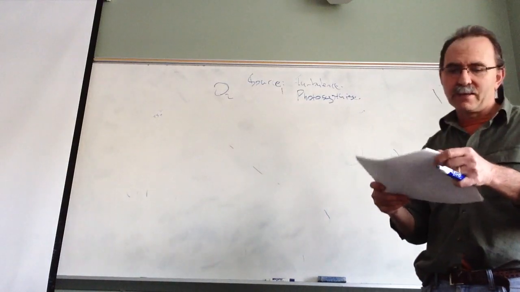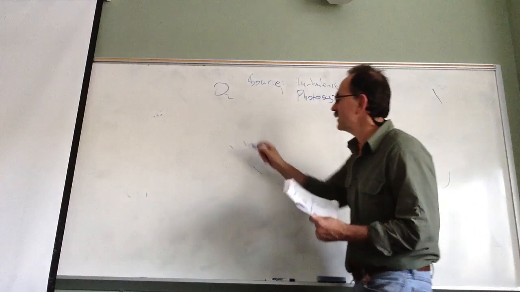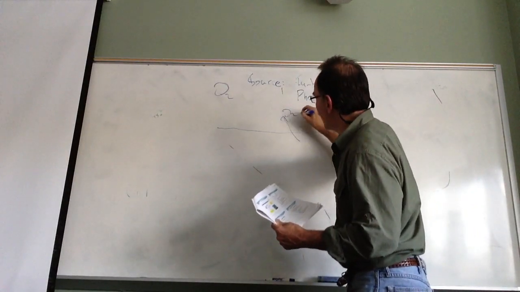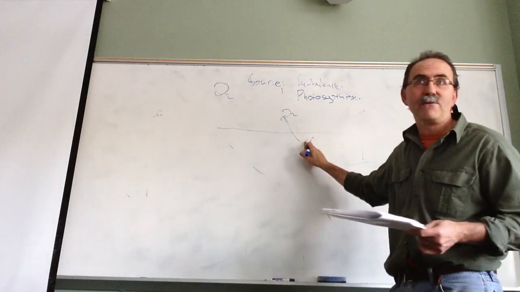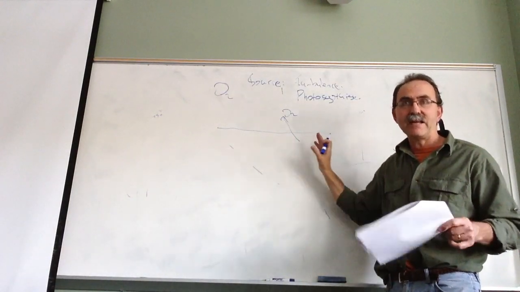Okay, here we go, major sinks. So diffusion of oxygen, let's just draw this. Oxygen actually can leave the water, especially if the water is saturated or supersaturated.